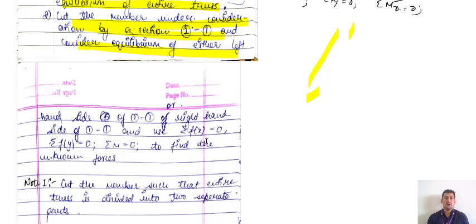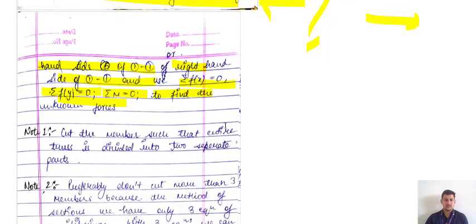Consider the equilibrium of either the left hand side of 1-1 or the right hand side of 1-1. This depends upon you. Then you use the equations summation Fx equal to 0, summation Fy equal to 0, and moment about z equal to 0 to find the unknown force. This is the procedure in method of section.